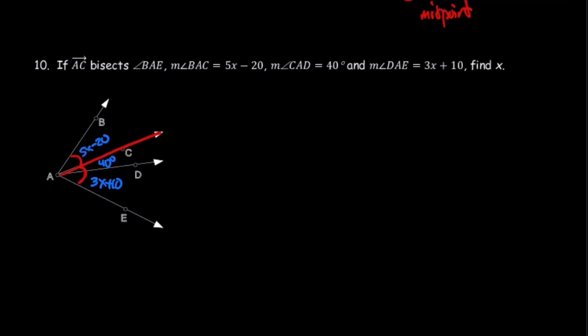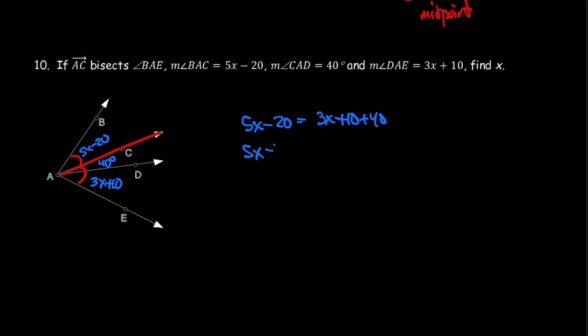So remember which two are equal. This one is equal to this one, right? Look at where your angle bisector is. That's your angle bisector, so that is equal to that. 5x minus 20 equals 3x plus 10 plus 40.